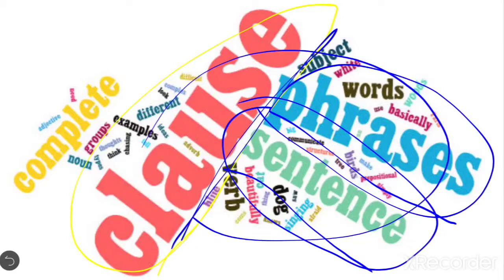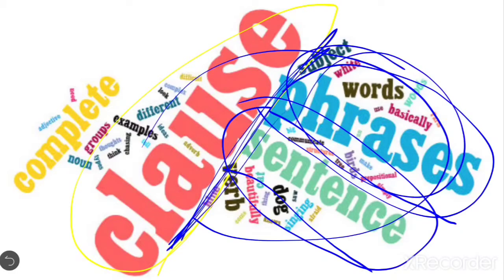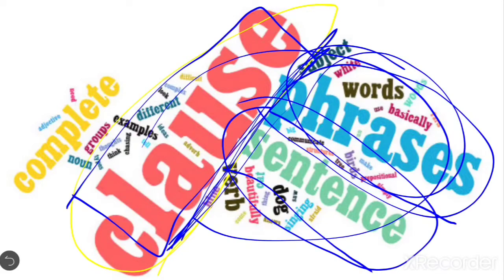First of all, I'll tell you what a clause is. Clause is more meaningful than a phrase, because in a clause you will get both subject and predicate. So remember this.